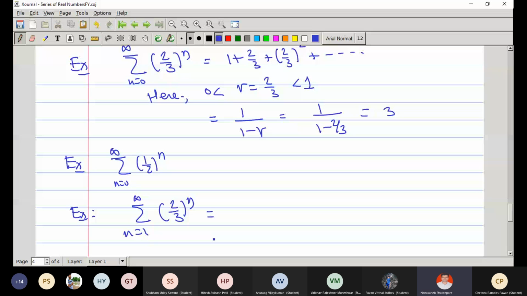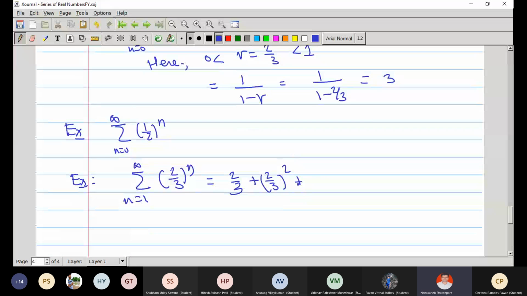So it starts with 2 by 3, 2 by 3 square, because the initial value of n is 1, and therefore it starts with 2 by 3 raised to 1. Here the initial value of n was 0, so 2 by 3 raised to 0 was 1. So that is the difference. And you check this. And what is the sum now? You tell me what is the sum.